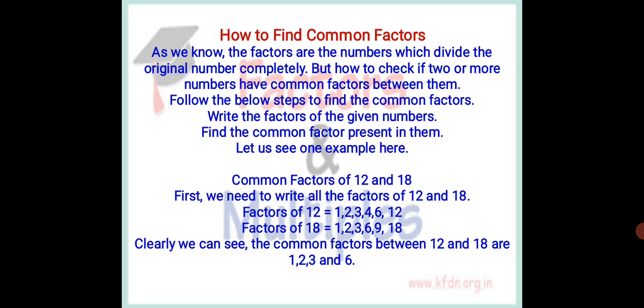Let us use one example here. Common factors of 12 and 18. First, we write all the factors of 12 and 18. Factors of 12 are 1, 2, 3, 4, 6 and 12. Similarly, factors of 18 are 1, 2, 3, 6, 9 and 18.